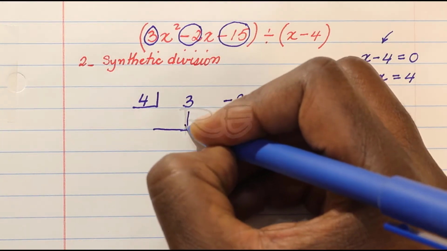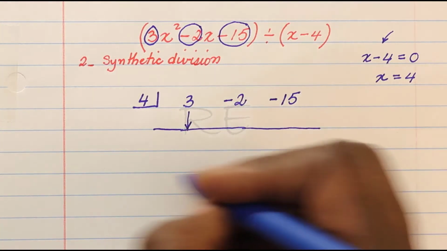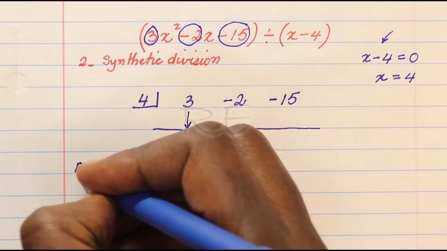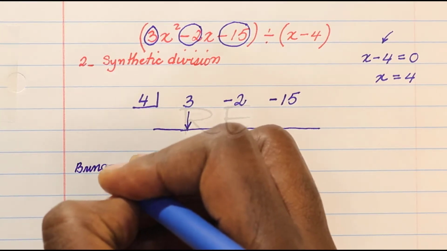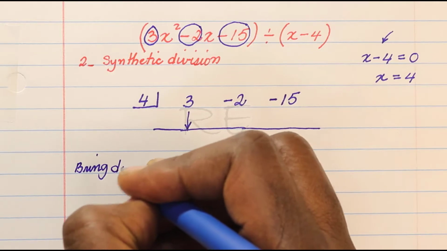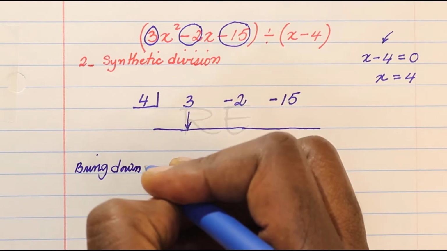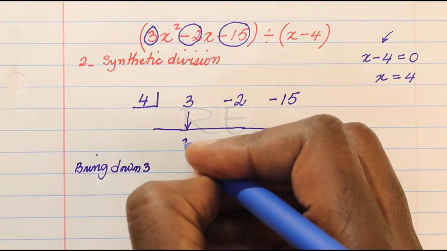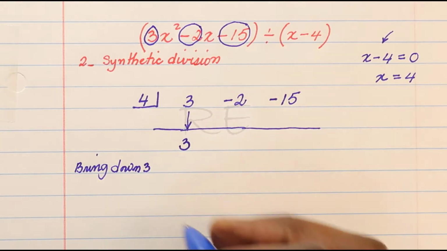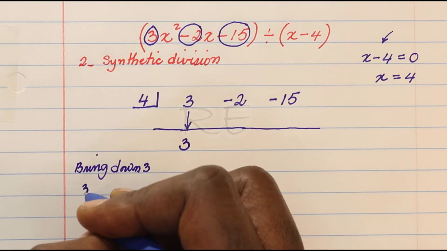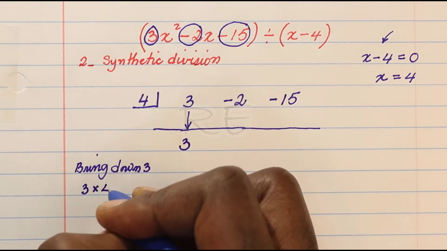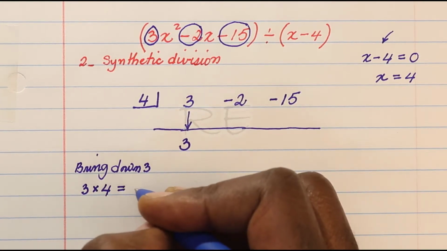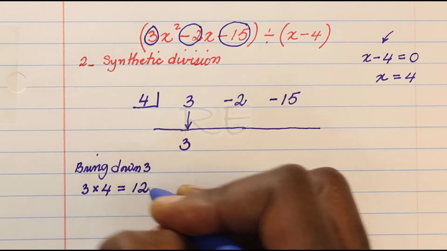Now, first step, we're going to bring down 3. Second step, we're going to multiply 3 by 4, which will give us 12.